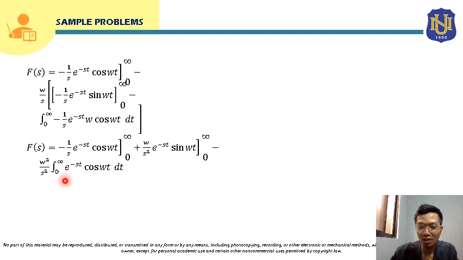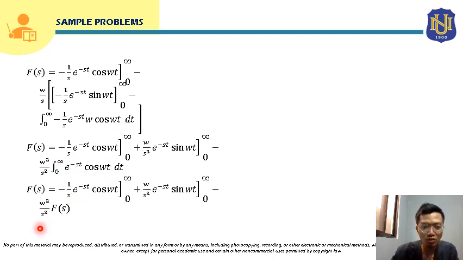If you look at the previous slide, this is equivalent to the given f of s. So since this is f of s, we can substitute f of s for this. This will become w squared over s squared times f of s. This f of s we can combine with the f of s on the other side, so we can transpose this to the other side.